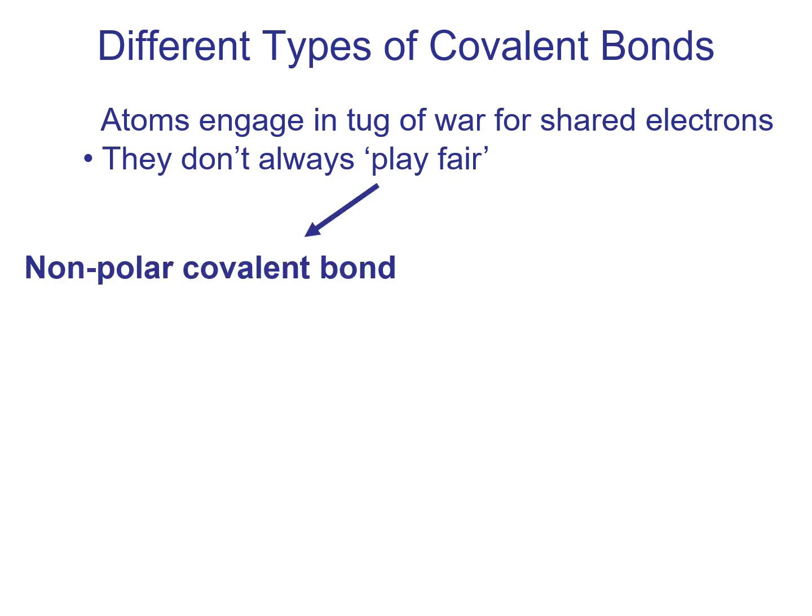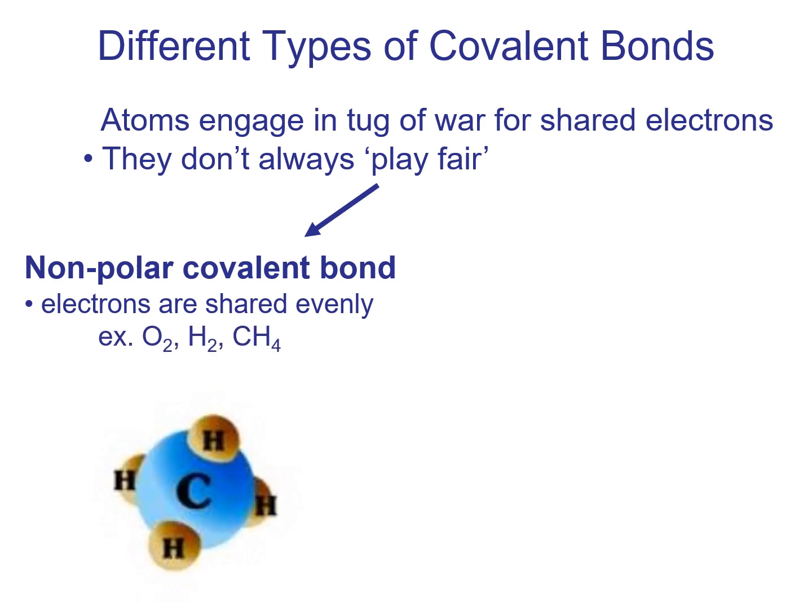So in nonpolar covalent bonds, electrons are shared equally, and a nice example would be a diatomic molecule like oxygen, O2. So 2 oxygen atoms stuck together, or diatomic hydrogen. Of course, in that case, for those molecules, the atoms are the same, so they have the same electronegativity. Methane, CH4, hydrogen and carbon don't have the exact same electronegativity, but it's pretty close.